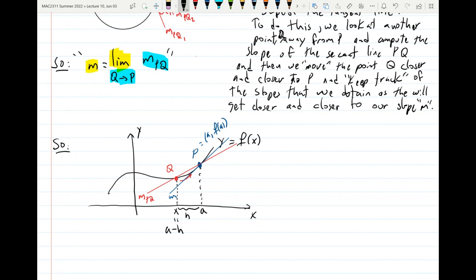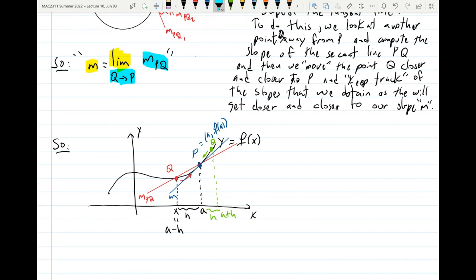So you just subtract h from it. And then if Q was on the right, you could have a Q up here, the green one that I'm drawing, and then approach this way and play the same game. So in that situation, the point corresponding to it, again, if we call this distance h, would be a plus h.